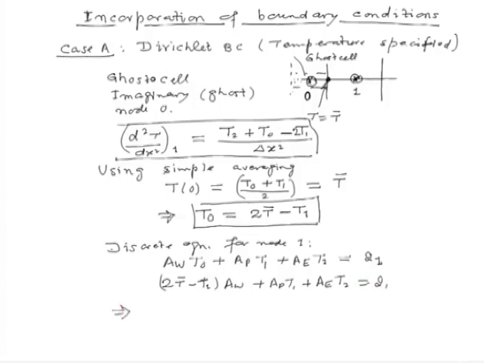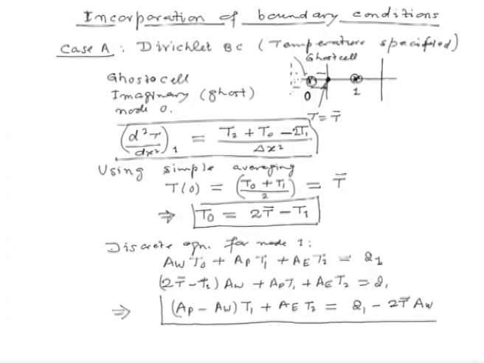Or rearranging it, we can write it as AP minus AW times T1 plus AE times T2 is equal to Q1 minus 2 T bar AW. So now this becomes our modified discrete equation for node 1.